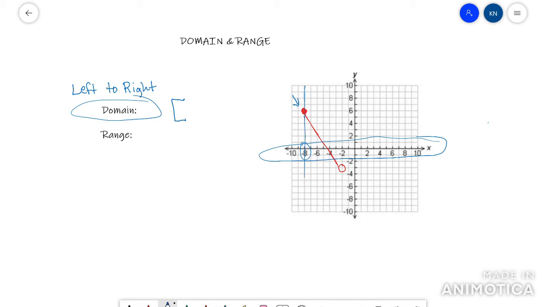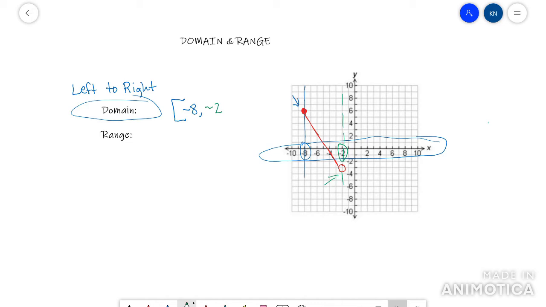So -8 would have a bracket. Now you ask yourself, how far right does it go? Well, here's how far right it would go. So -2. And notice that at -2, it is an open circle, so that's when I use parentheses. So that would be the domain of this red line.